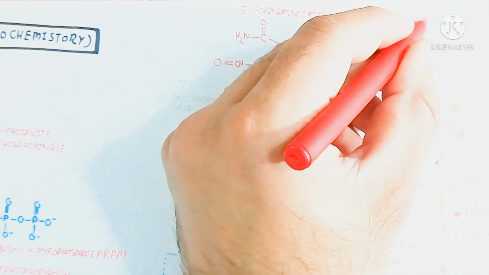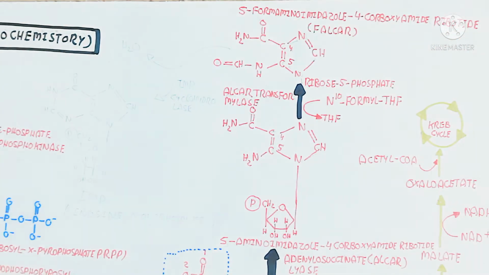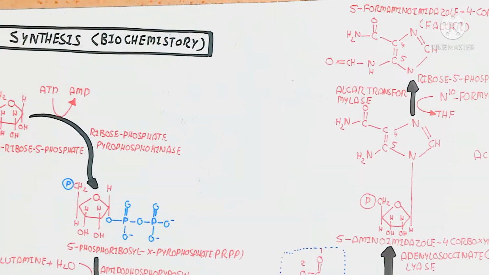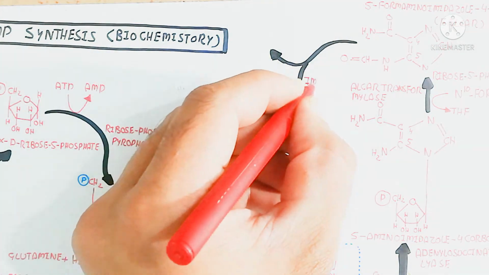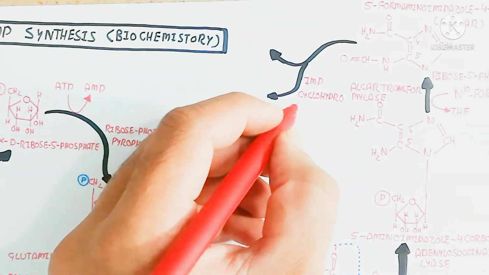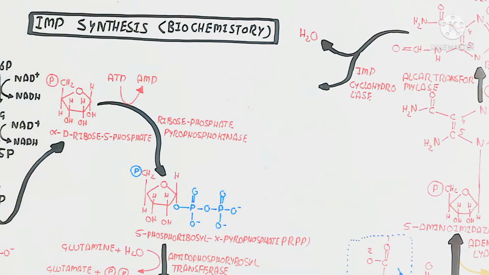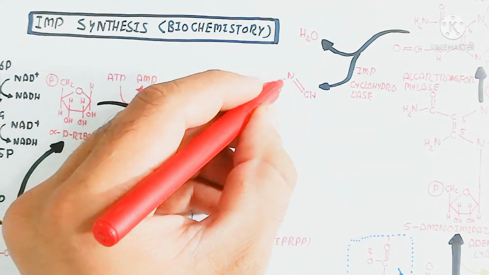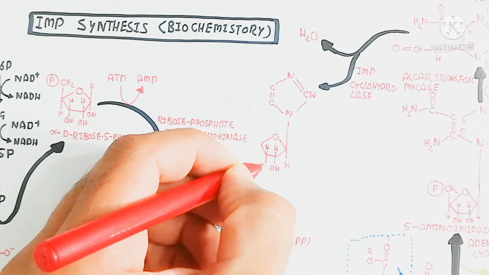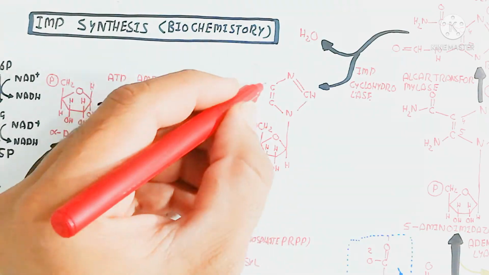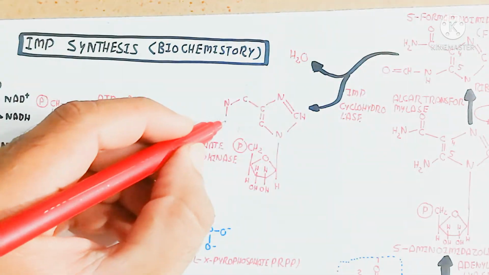This ring formation, with the ribose 5-phosphate bound, is known as the 5-formamino imidazole 4-carboxamide ribotide.